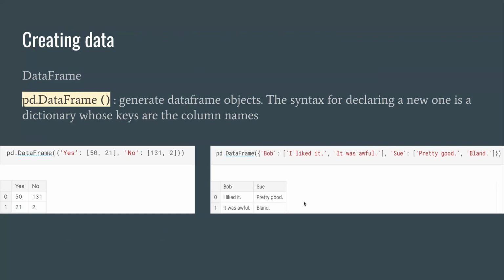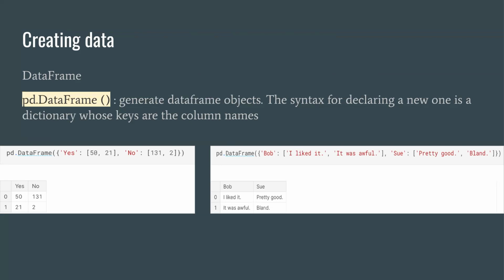So creating data, we are using the pd data frame constructor to generate these data frame objects, and the syntax for declaring a new one is like a dictionary whose keys are the column names.